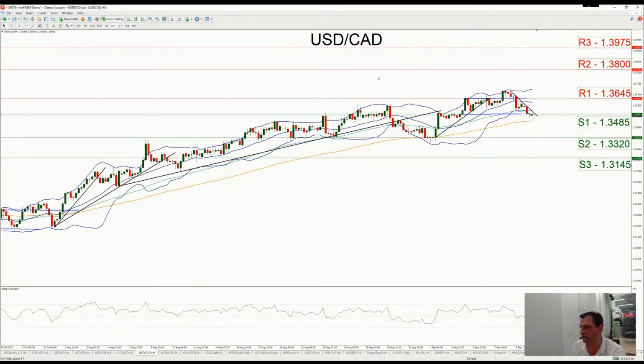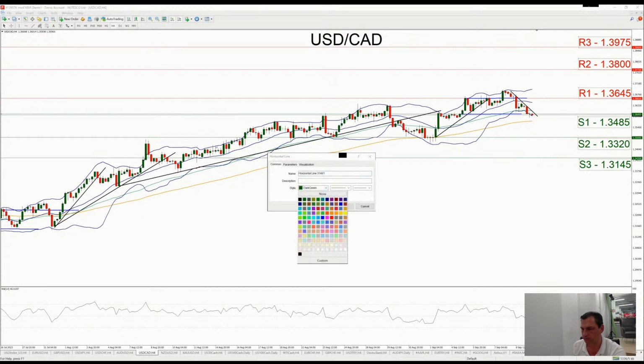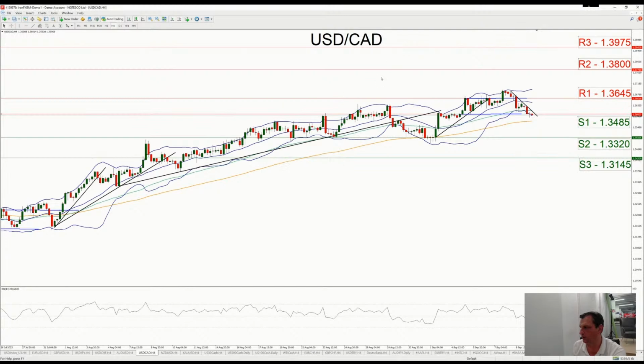Now, definitely we have to readjust our levels. The S1 becomes now the first resistance line. Let's go hunting for a new ultimate support level. I would be noting this show here.